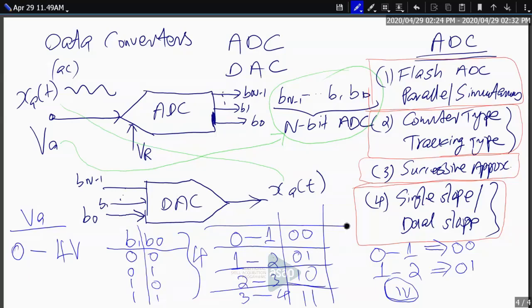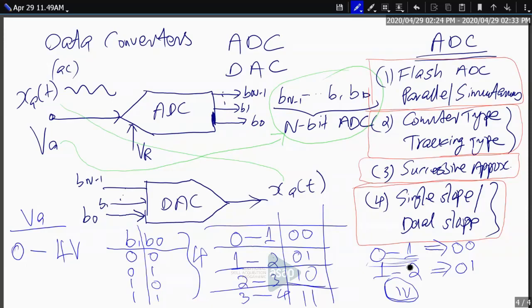What we usually do in this case is, one possible approach is that the entire 0 to 4 volt range is divided like this. Let us have voltages from 0 to 1 there, then above 1 up to 2 volt, above 2 up to 3 volt, and 3 to 4 or even above.